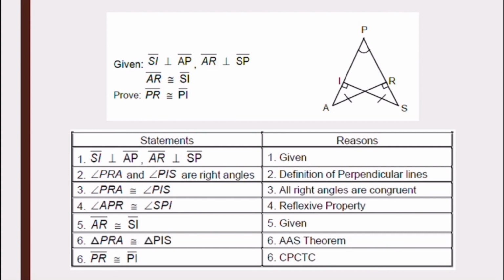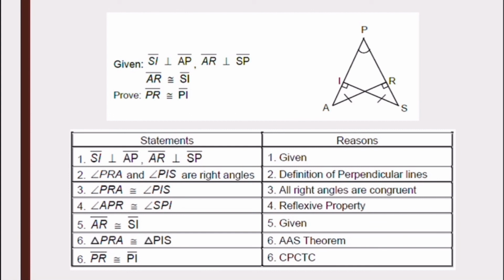For our fourth statement, we have angle APR is congruent to angle SPI. And the reason? That is the reflexive property. For our fifth statement, we have line segment AR is congruent to line segment SI. The reason? This is again our given. For our sixth statement, we have triangle PRA is congruent to triangle PIS.